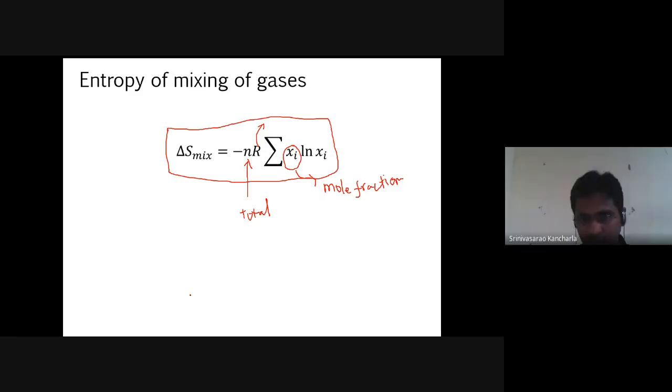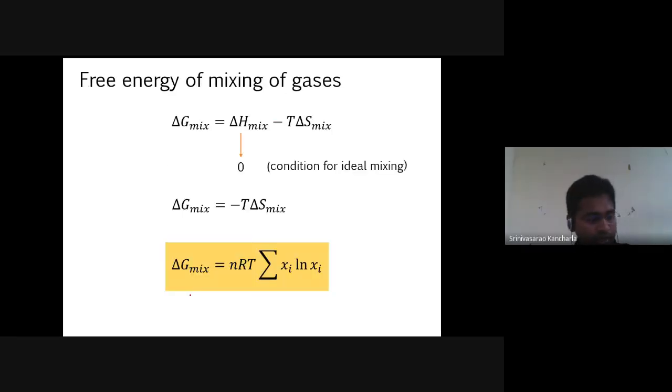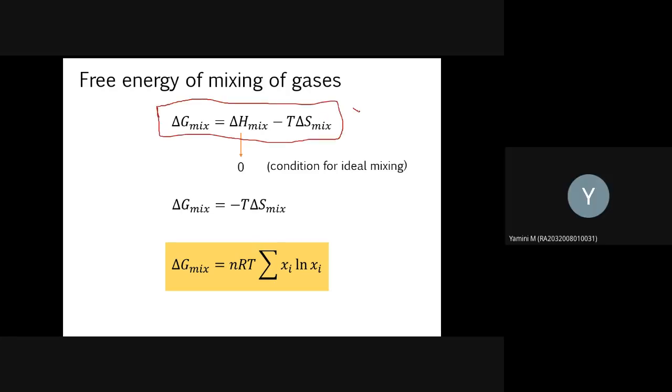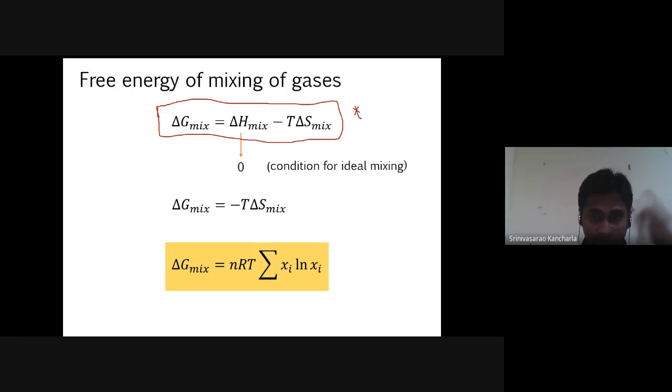So now you look at the free energy of mixing. You can simply derive it from this equation. You know this equation, right? The relation between entropy, enthalpy, and free energy. This is a very important equation. We have also solved one graphical question based on this. Just now we have seen that under the ideal conditions of mixing, your delta H mixing is 0.